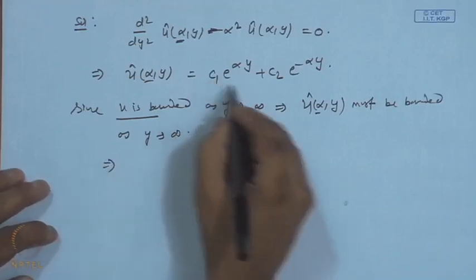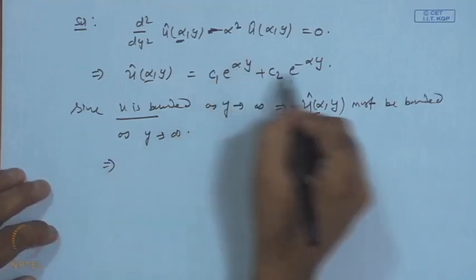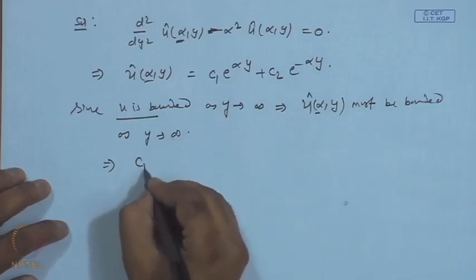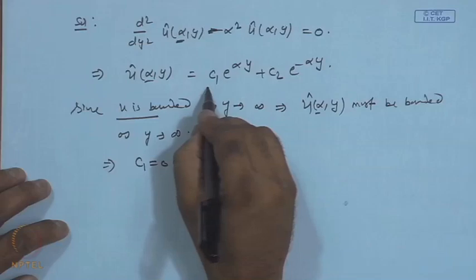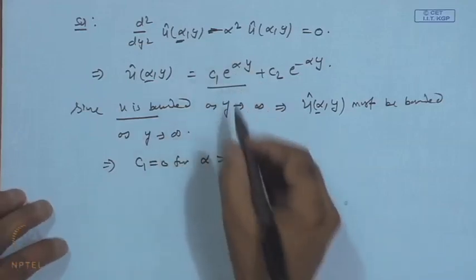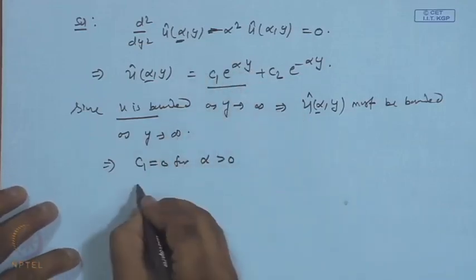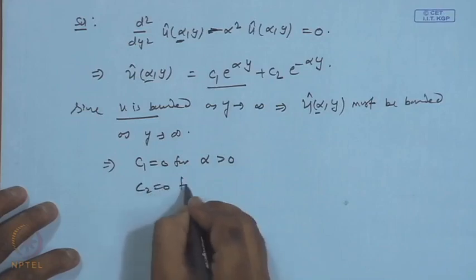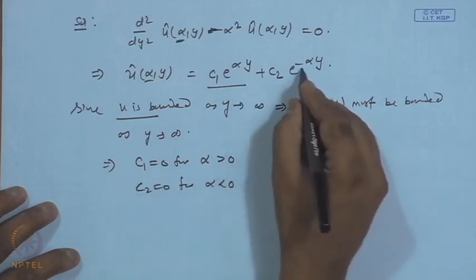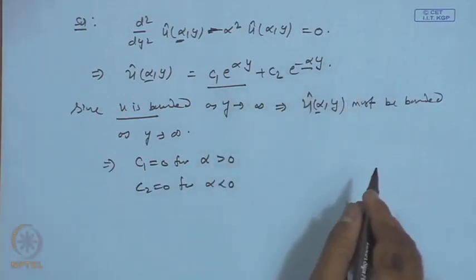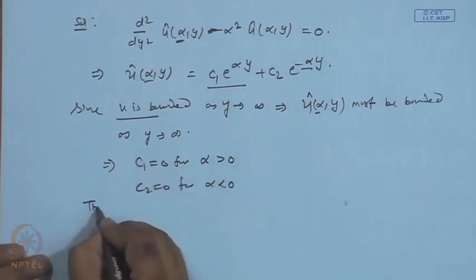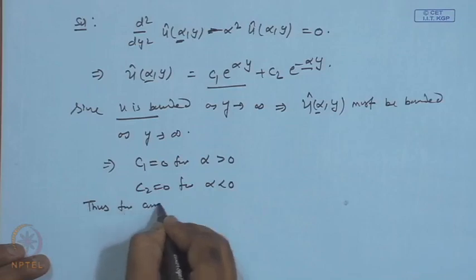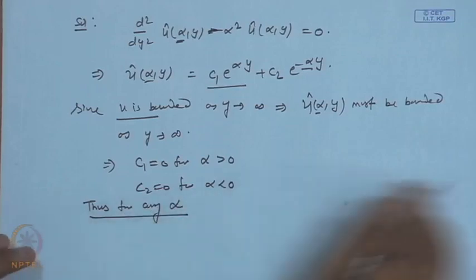And this will tell us, because here we have e^(αy) and e^(−αy), that c1 is 0 for α positive, because otherwise this will blow up, and c2 will be 0 for α negative, in that case this will be unbounded.